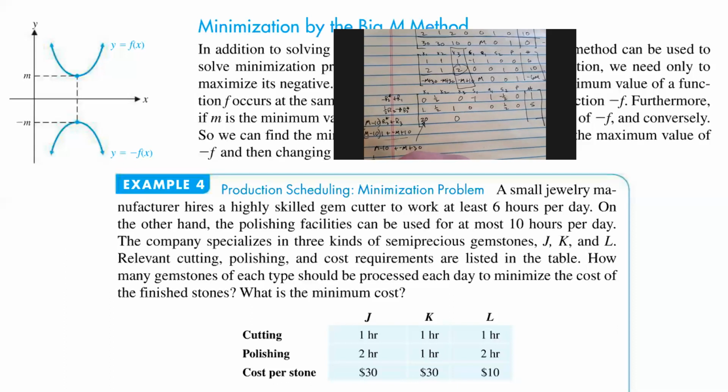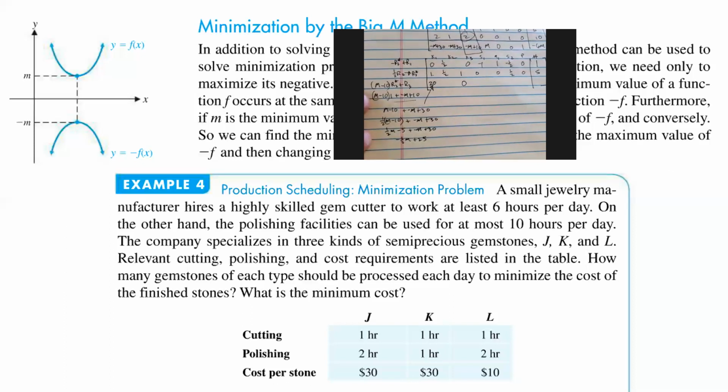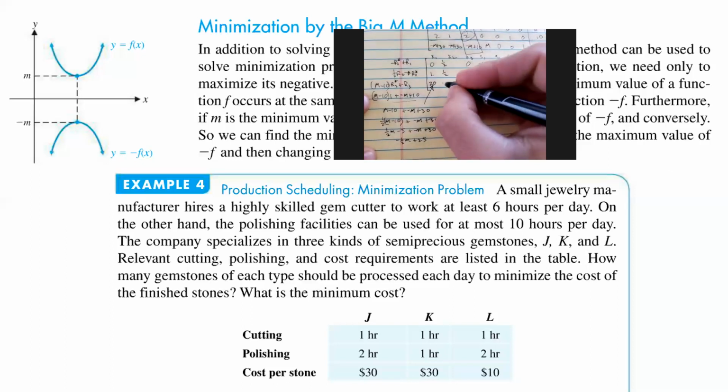So we have a half times m minus 10 plus a -m plus 30, right? So we have a half m minus 5 plus a -m plus 30. So this becomes a -1/2 m plus 25, right? So that's this one right here.